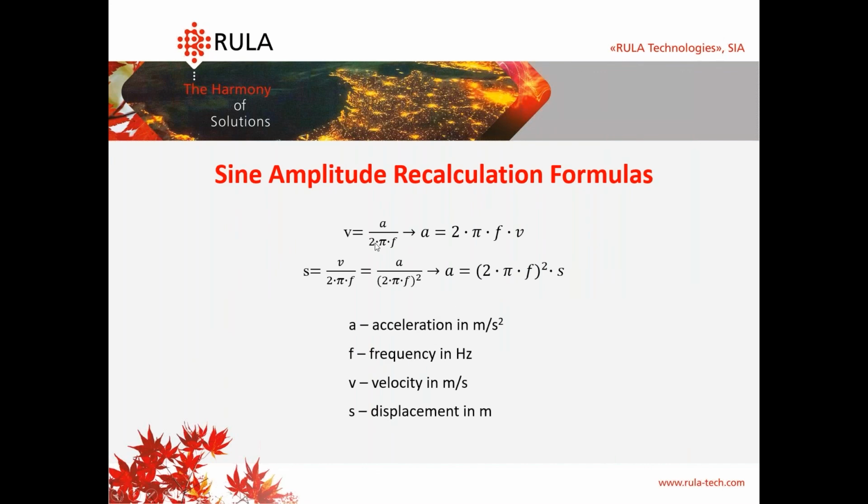Here you see these formulas, and for a random test, you can recalculate acceleration, velocity, and displacement using these formulas, but this recalculation must be done for every frequency, and the values must be squared. In that case, you'll receive your measurement unit, but you can do this for random.